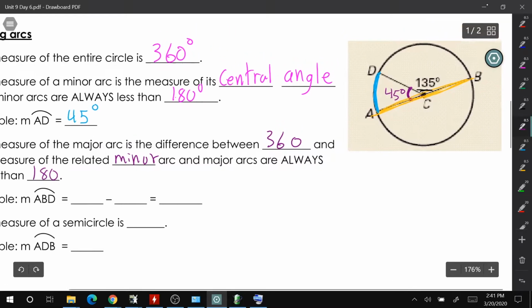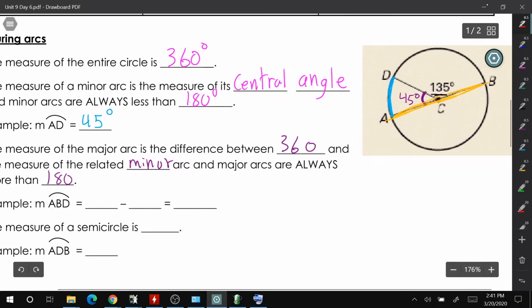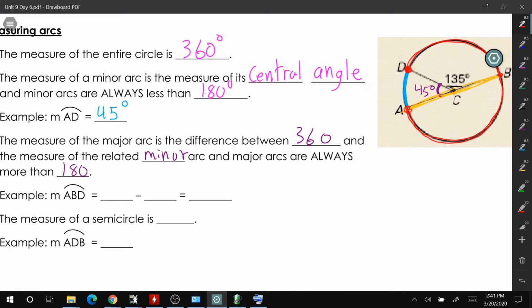So if we look at arc ABD, so we have A, B, D. Okay. Well, previously we have already figured out that the minor arc here was 45.